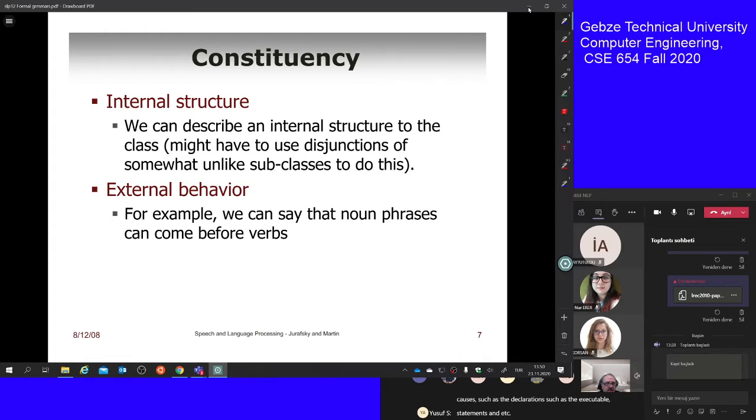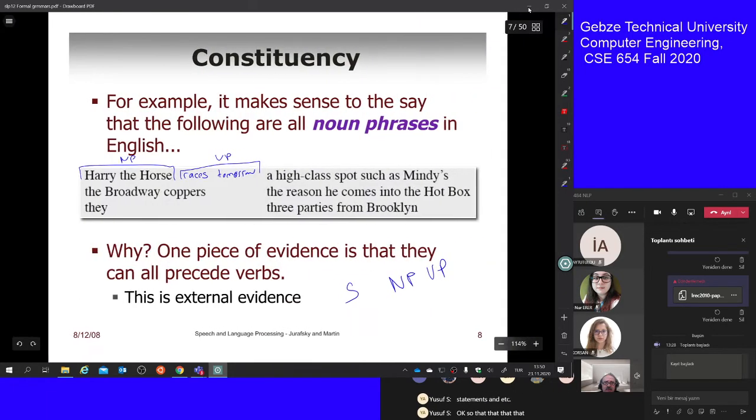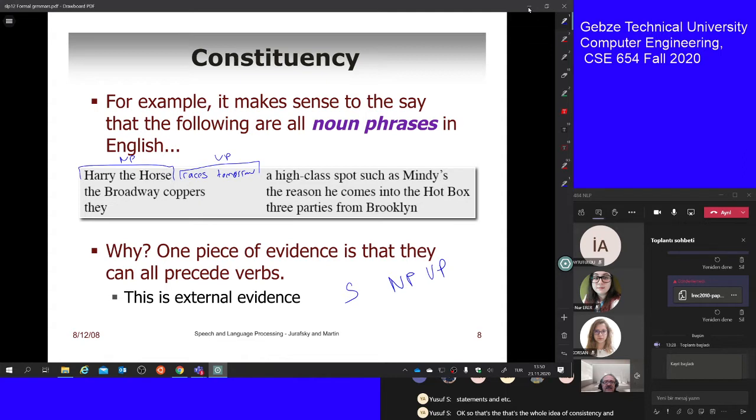Okay, so that's the whole idea of constituency, and our task is going to be finding these kinds of constituencies for the English language or Turkish language, and each of these rules will make a context-free grammar rule for our grammar.